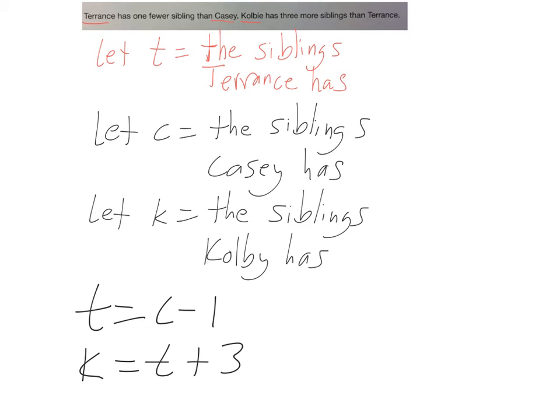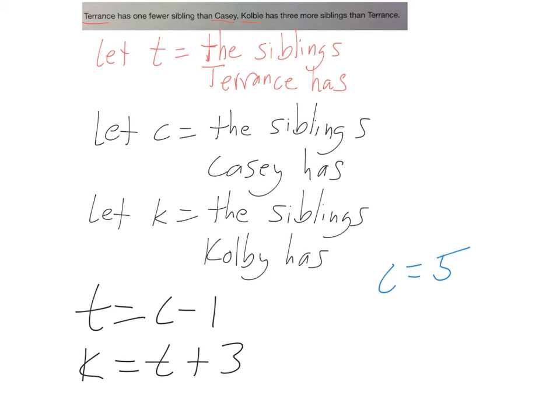From here I could combine these and use them both to figure out the total problem if I'm given one. Let's start with Casey. Say you're given Casey has 5 siblings. So C equals 5.